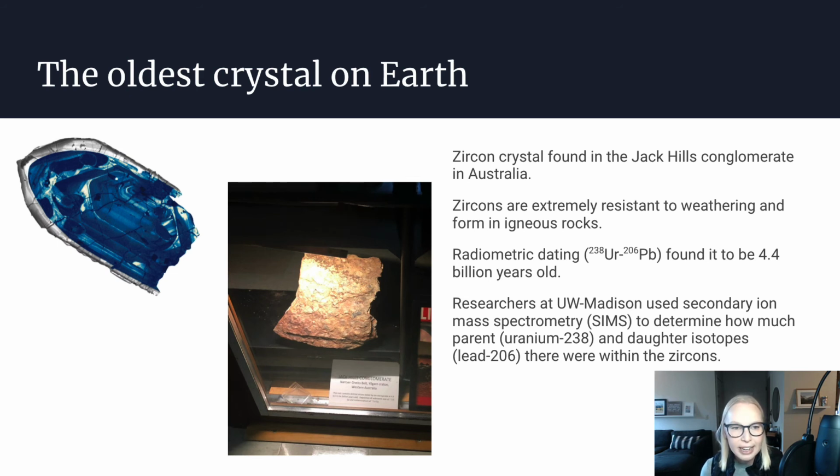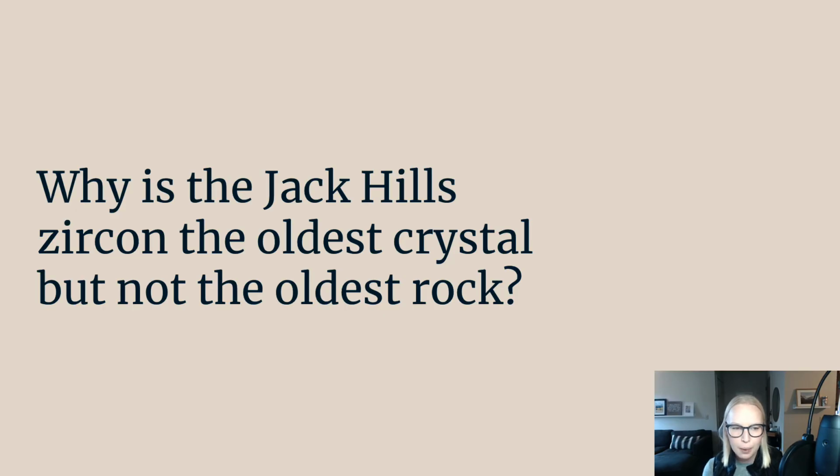So that is what we know to be the oldest crystal on Earth. But I want to ask you, why is the Jack Hills zircon the oldest crystal on Earth, but not the oldest rock? Think about the type of rock that the Jack Hills zircon formed in. The Jack Hills conglomerate. Think about what kind of rock that is.